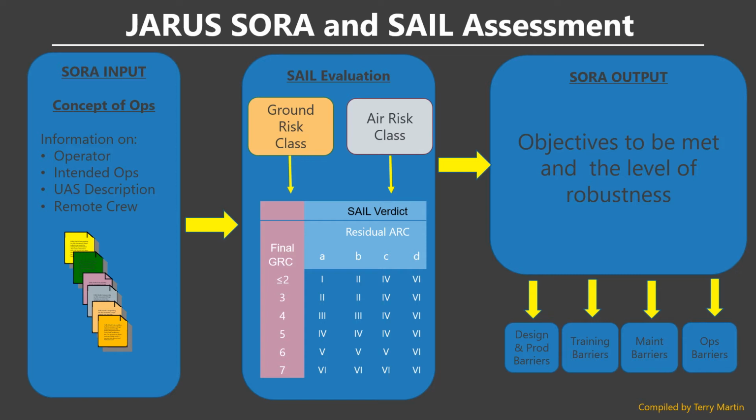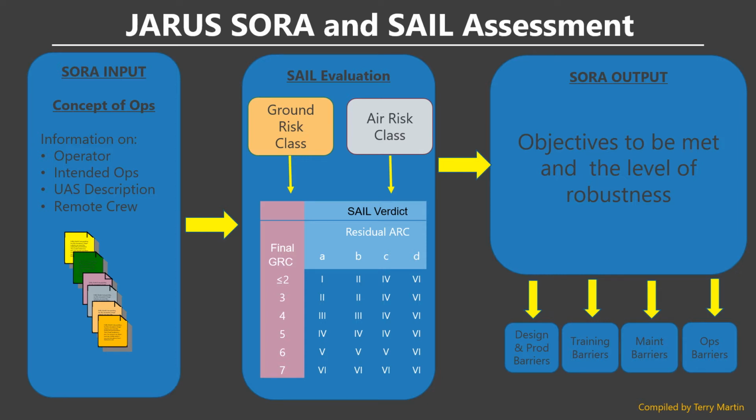In the first instance, the applicant needs to describe what they want to do, and that includes details about their organisation and their staff, the UAV they intend to operate, and that information is then used to assess the risk to people on the ground and in the air. As you know, the QM group is primarily focused on that at the moment.